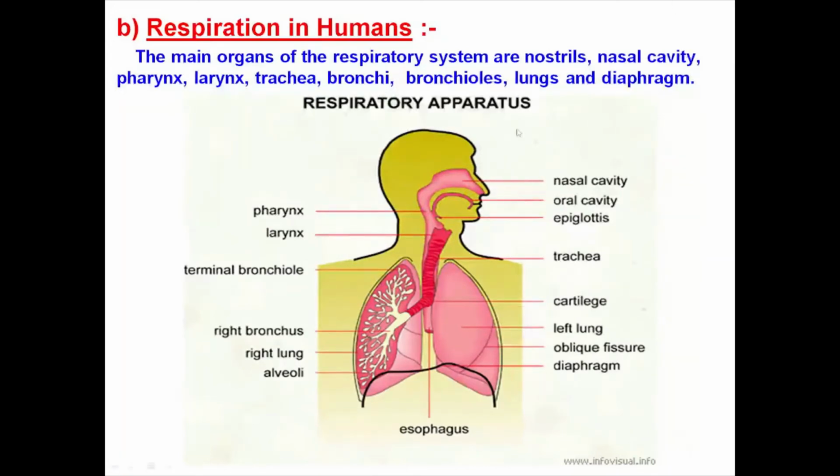Then comes the bronchioles, which get divided from the bronchi into many subunits, which end up in alveoli. And alveoli is the balloon-like structure which helps in the exchange of gases, basically increasing the surface area for exchange of gases.